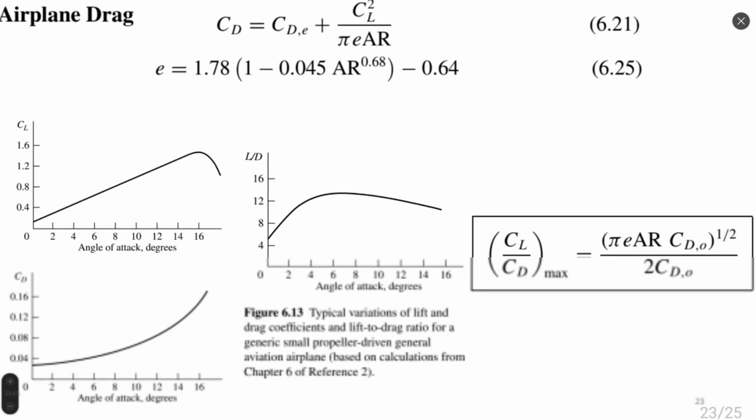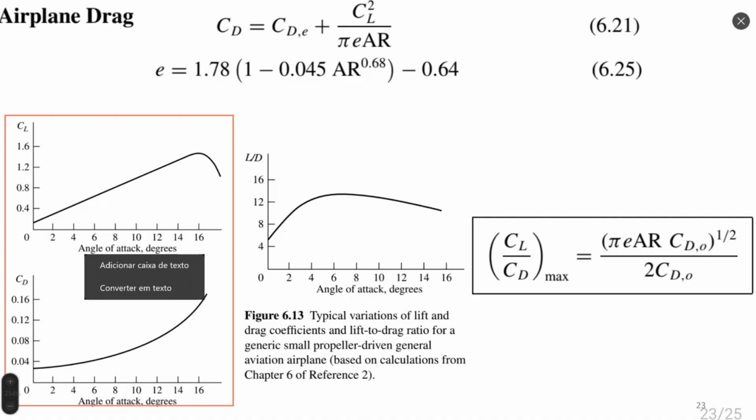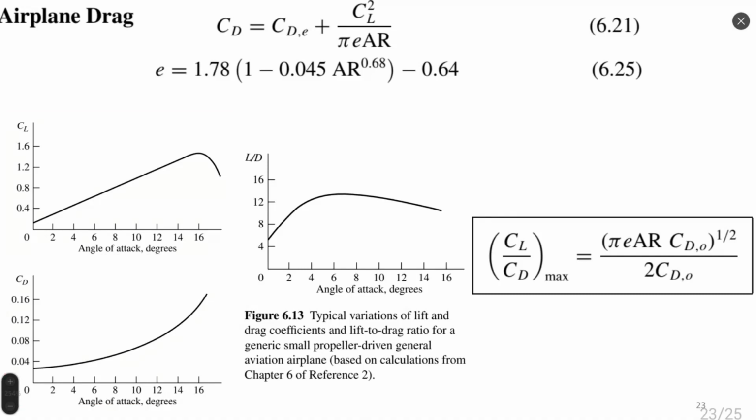The airplane drag can be calculated with that approach, and here we have drag coefficient offered by references, reference 2 from Anderson book, and you can see the values of lift coefficient, drag coefficient for different angles of attack. A typical value is not for all possible airplanes.